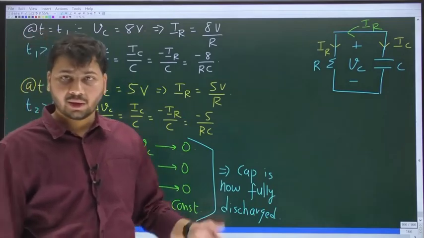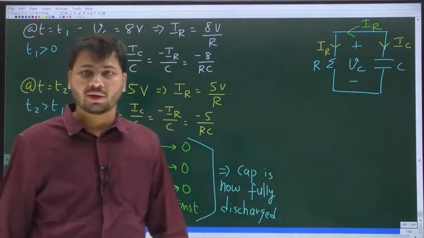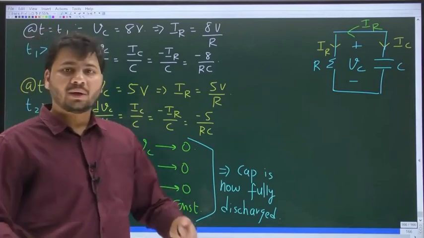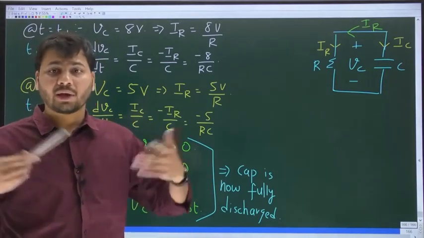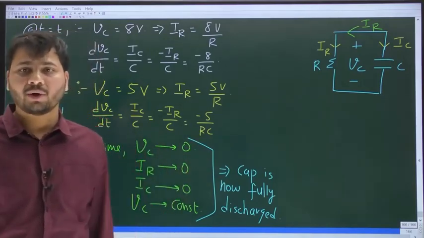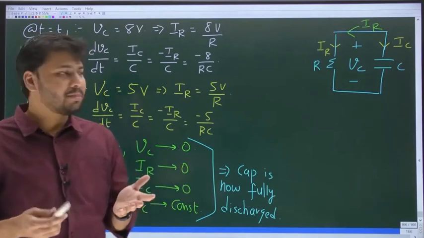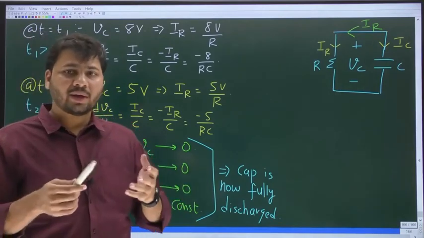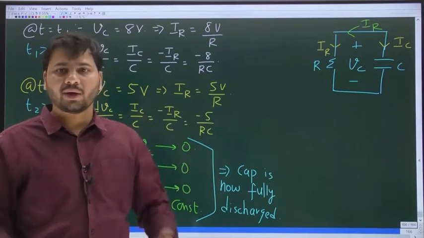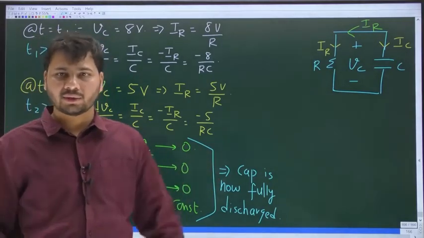So in general, in a source-free circuit, because there are no independent sources driving the circuit, after a long time, when the circuit reaches steady state, all currents and voltages will become 0. Why? Because whatever energy is initially stored in the capacitor will eventually get dissipated by the different resistors in the circuit.